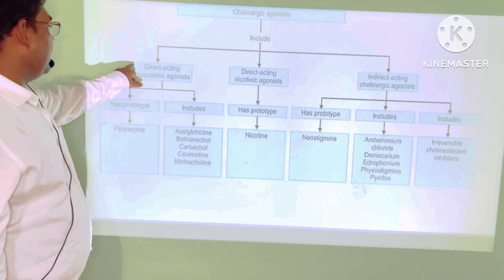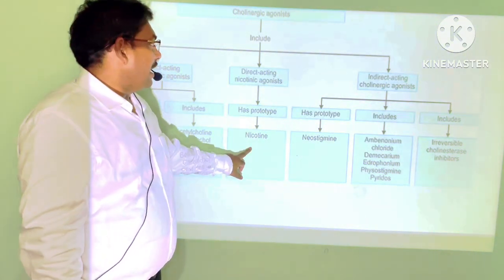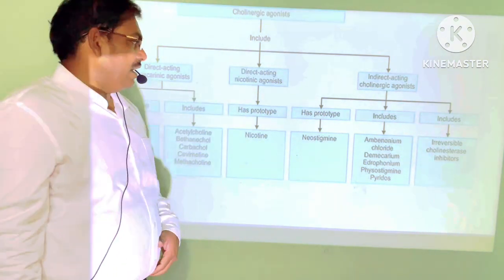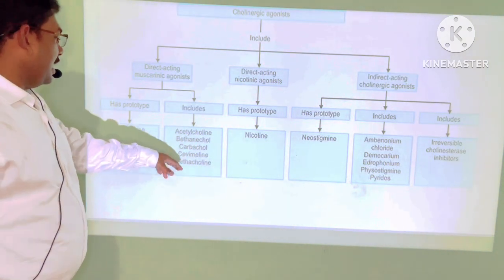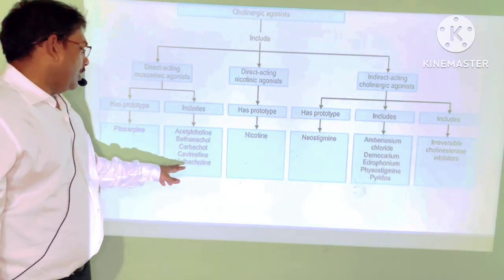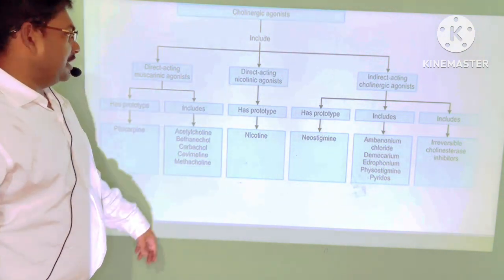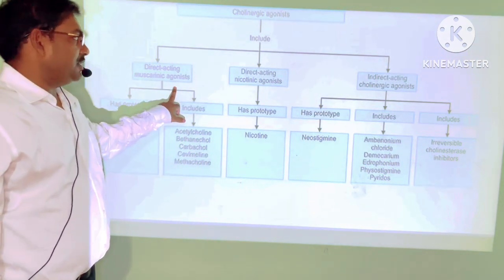You can say directly acting muscarinic receptor agonists and directly acting nicotinic receptor agonists, and after that indirectly acting cholinergic agonists. Okay, directly acting are pilocarpine, acetylcholine, bethanechol, and carbachol, which act directly on the muscarinic receptor and are known as muscarinic agonists.